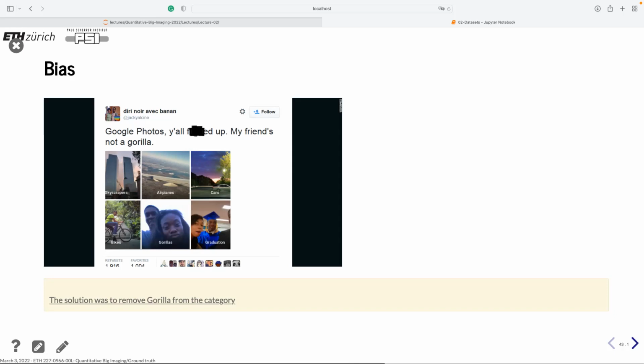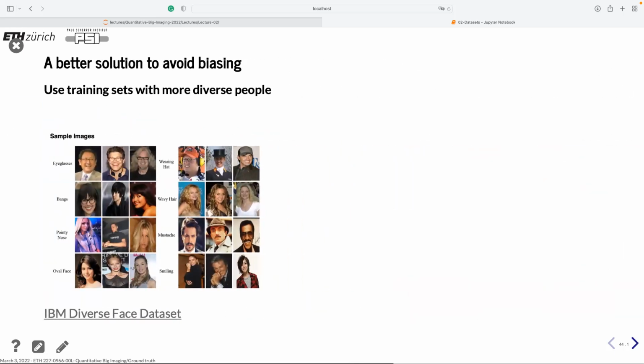Google was quick to respond on this because this is really embarrassing. So what they did was just a quick fix. There are no gorillas in the database, so they can't find gorillas anymore. And then it worked. I think a better way to solve it is to actually increase the variability in the data. And here are some sample images from the IBM diverse face data set.